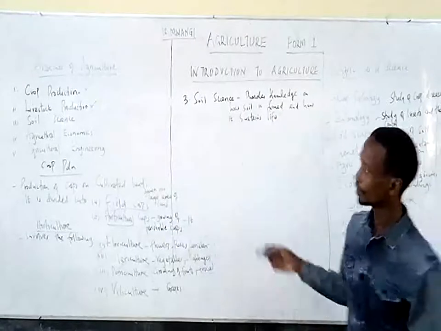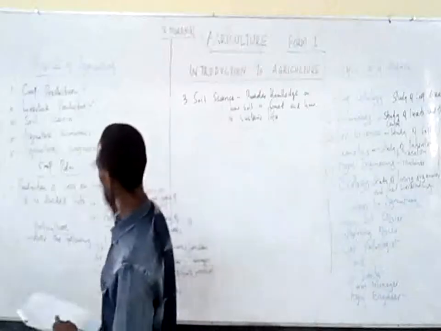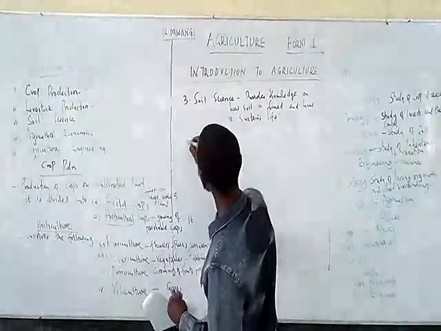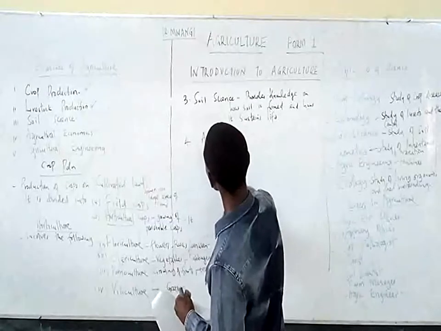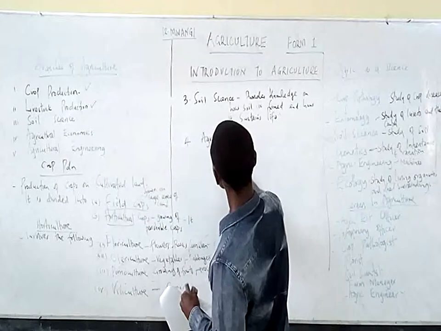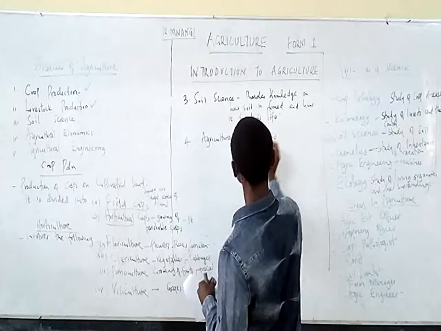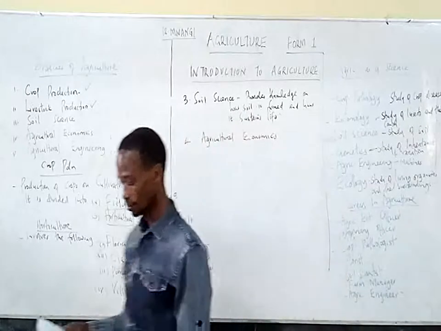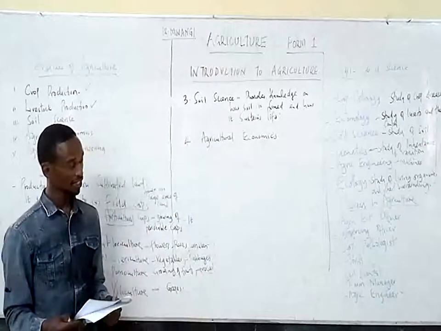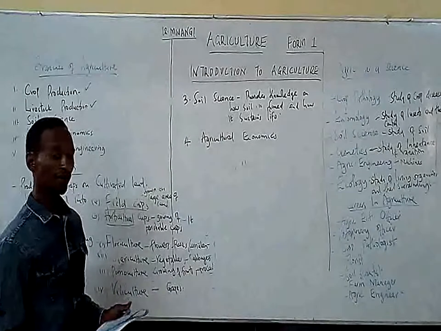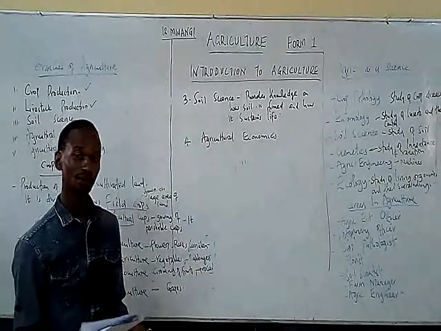Then we look at the fourth branch of agriculture, agricultural economics. This branch deals with the utilization of scarce resources in the production of agricultural products.